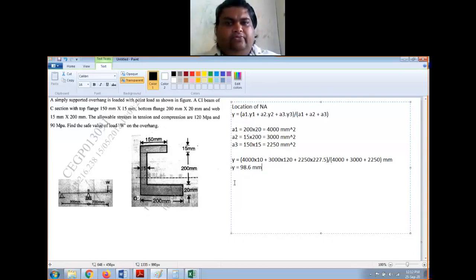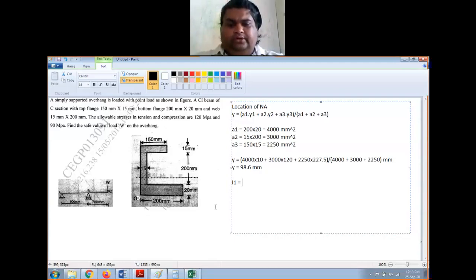So let us now find the moment of inertia. For finding moment of inertia, I will have to first calculate I1, I2 and I3. So I1 is equal to B D cube by 12, right? So B is 200 and D is 20.